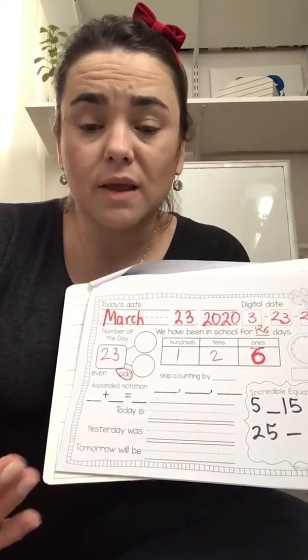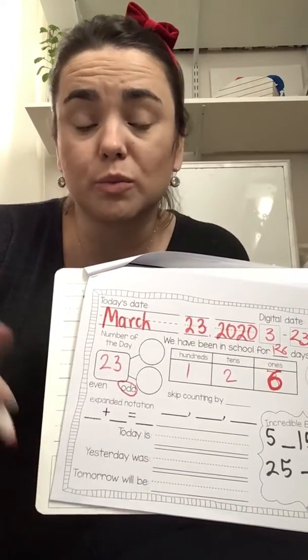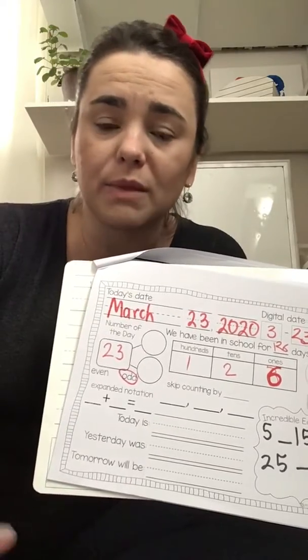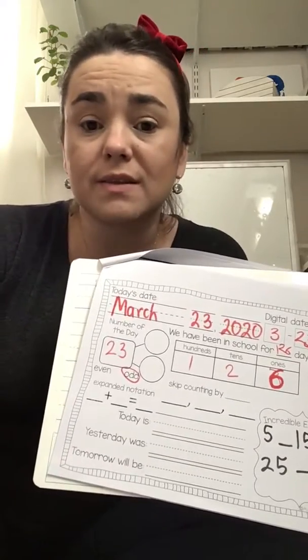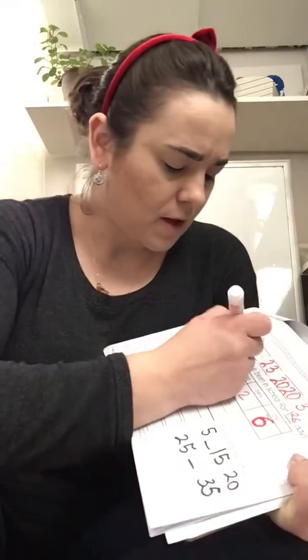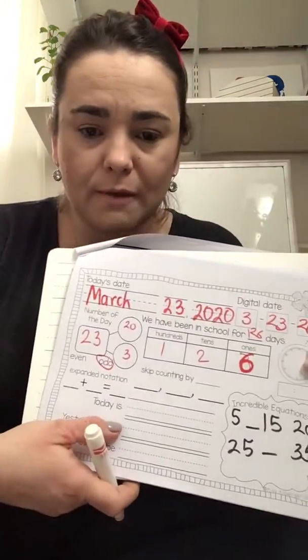So now I'm asking the kids, can you break this number into 2 parts? They don't have to be equal, and some kids can say, oh, I know, it can be 20 and 3. Others can say 10 and 13. So just keep it simple and write the numbers here. So 20 and 3, okay?